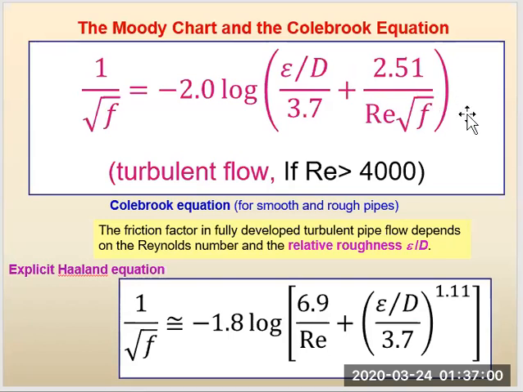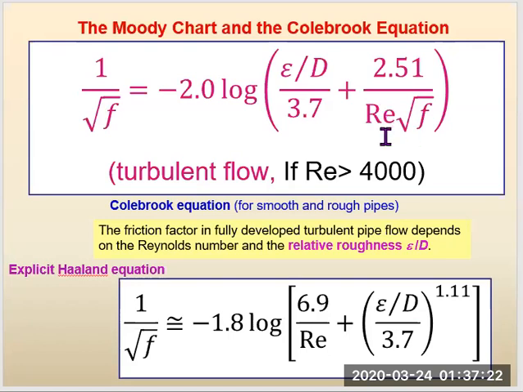This is one of the equations, the Colebrook equation, that we may use. But the problem with this equation is that you have f on both sides of the equation, so you have an implicit form of equation for f.